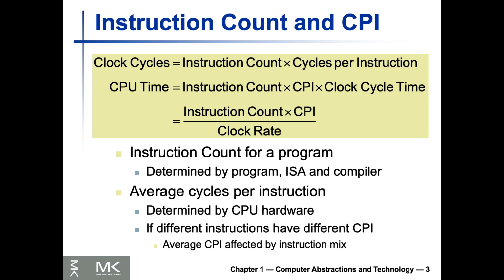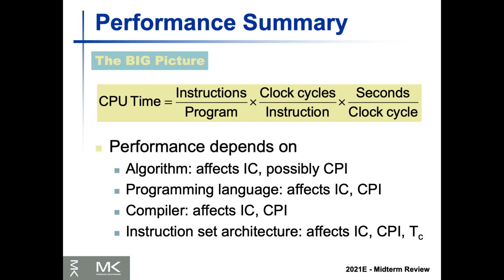So using this, we could have the big picture: CPU time equals instructions per program, multiplied by clock cycles per instruction, multiplied by seconds per clock cycle. Again, as a big picture, we talked about how algorithms, programming languages, compilers, and architecture can play around with these specific numbers.